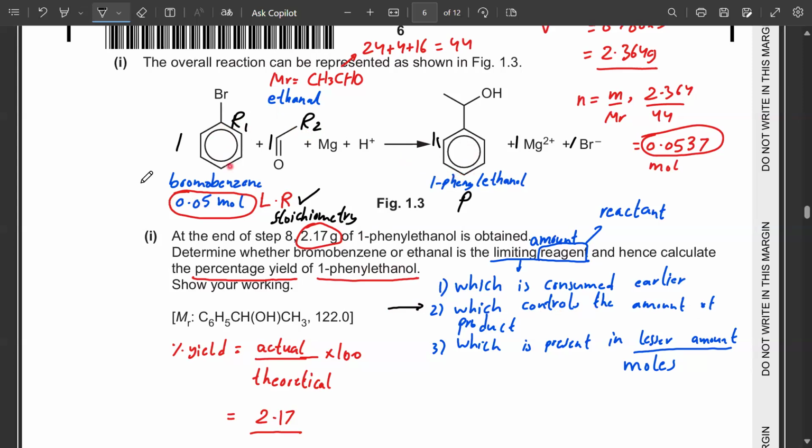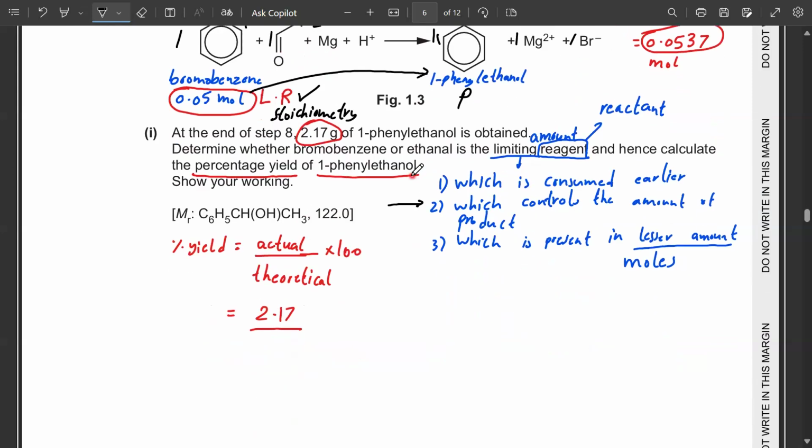So 0.05 mole will be the moles for the 1-phenyl ethanol as well.